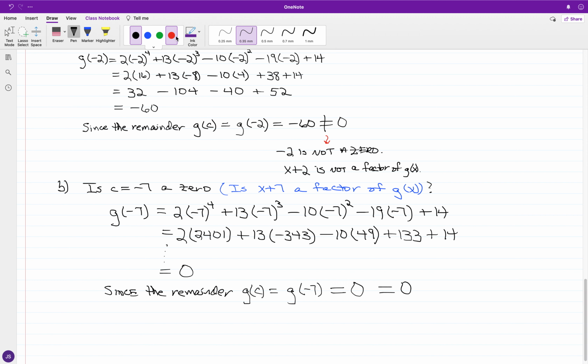And so the answer to this question is that negative 7 is a 0. And also x plus 7 is a factor of g of x. So where negative 2 did not quite pass muster, negative 7 does.